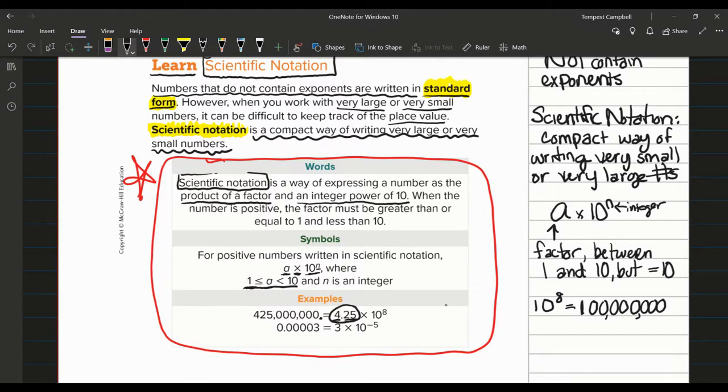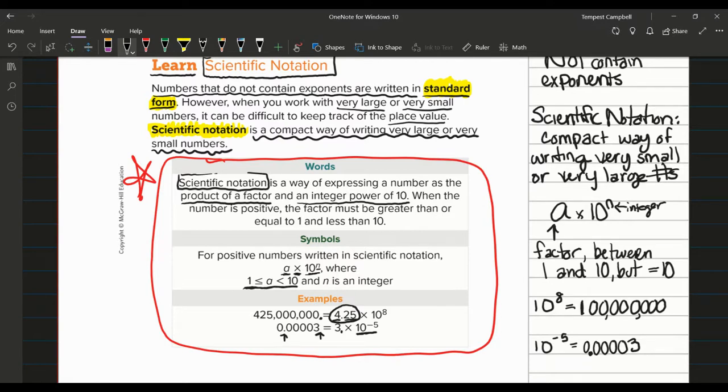In the opposite direction, notice how we have our decimal here and we end up putting it here. So notice how now we've moved our decimal all the way over to the right. And now we have 10 to the power of negative 5. So 10 to the power of negative 5 tells us that we have 5 places.